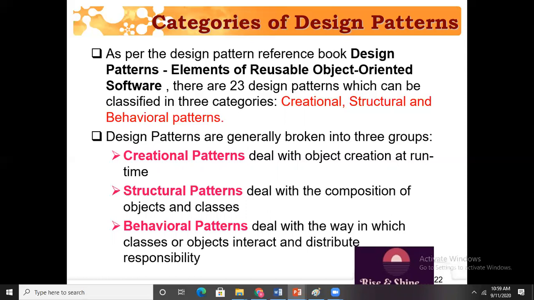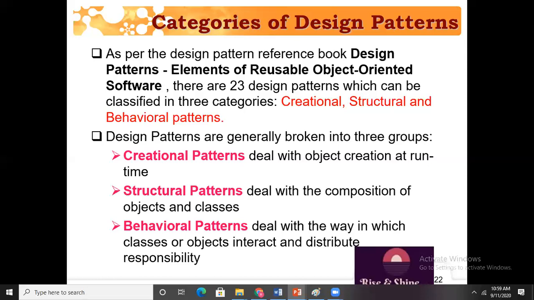So what do we mean by pattern? Patterns are nothing but a problem, a possible solution, and a context. These patterns occur in each software development phase, such as architectural patterns and design patterns. Then what is a design pattern?